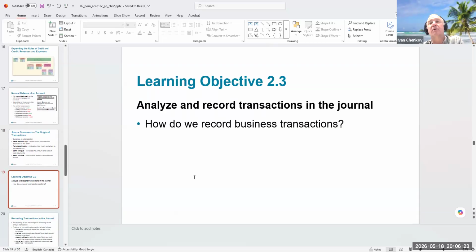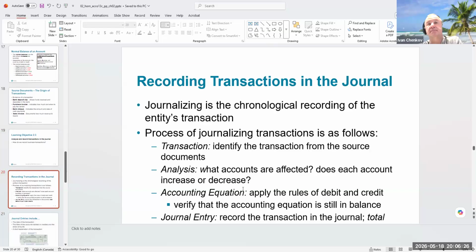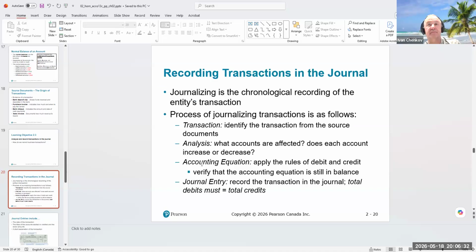Now, how are we going to record these business transactions? First, we have to identify, is there a transaction or not? In order to identify, we have to find the source document. Then we have to identify what account is affected and what's happened with this account. Is it increase? Is it decrease?